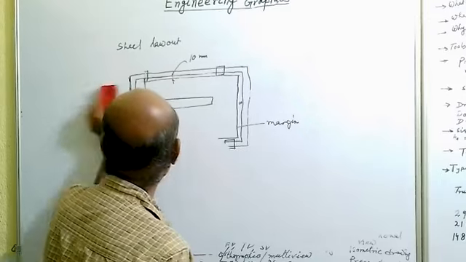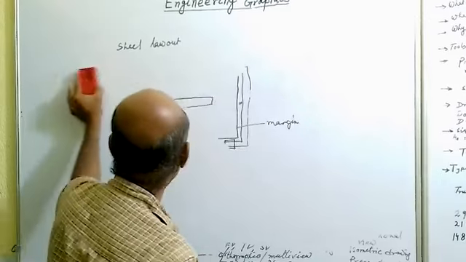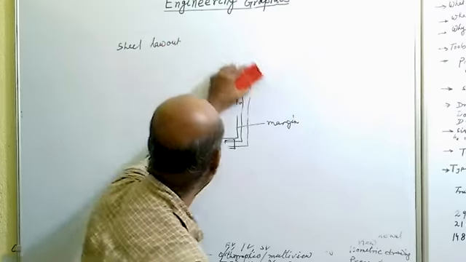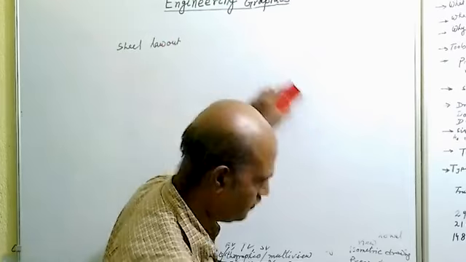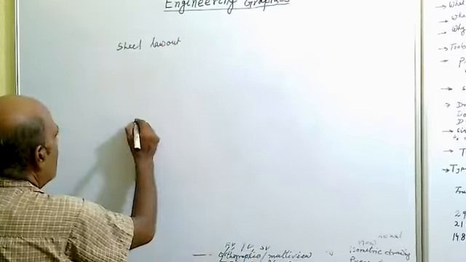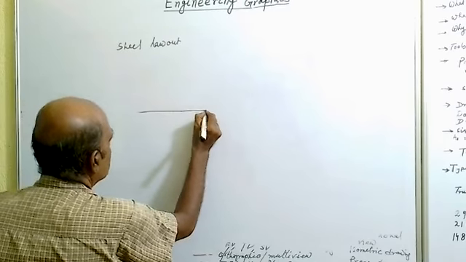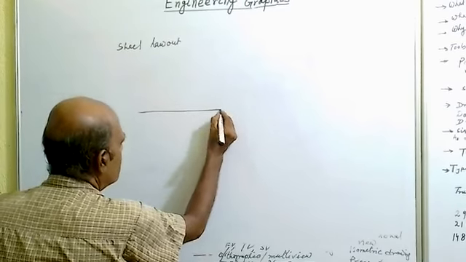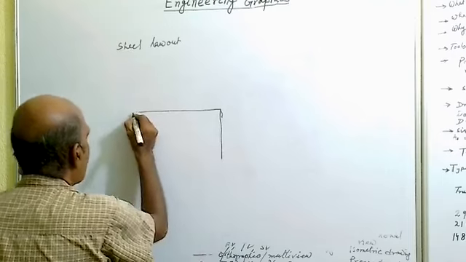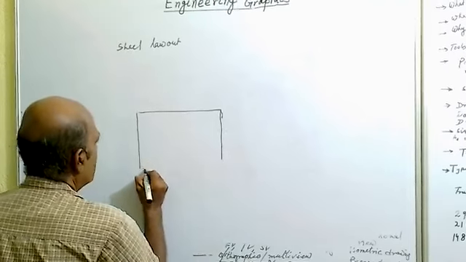So we have drawn the margin. Over the board we have placed the sheet and drawn the margin. Now this is the drawing sheet and margin is already drawn.